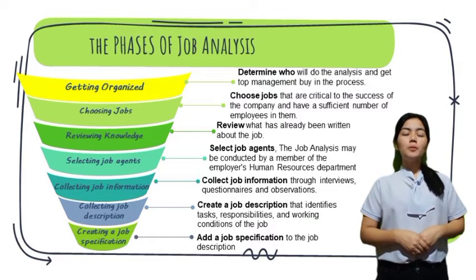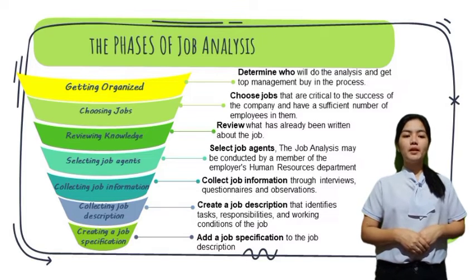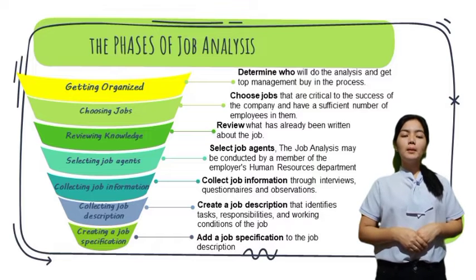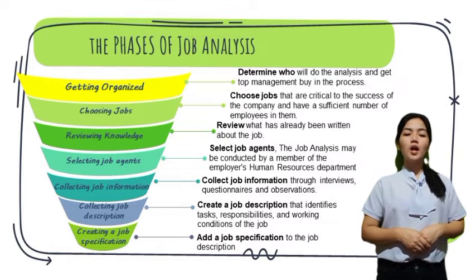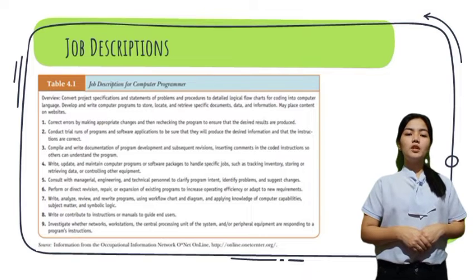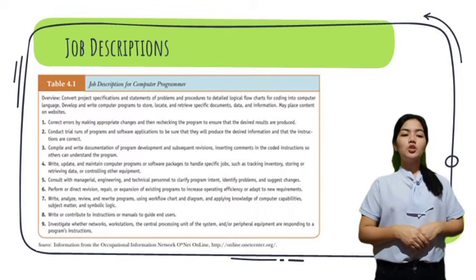So a job description is a series of task statements that describes what is to be done by people performing a job. So this description focuses on duties and responsibilities and usually consists of a list of actions that employees perform on the job being described. An example of a job description for the job of computer programmer is shown in Table 4.1.